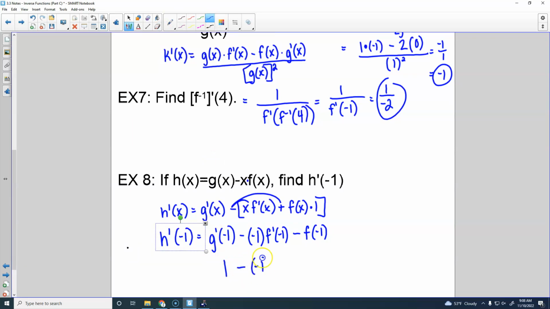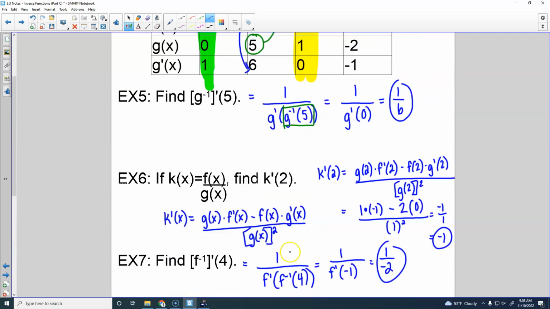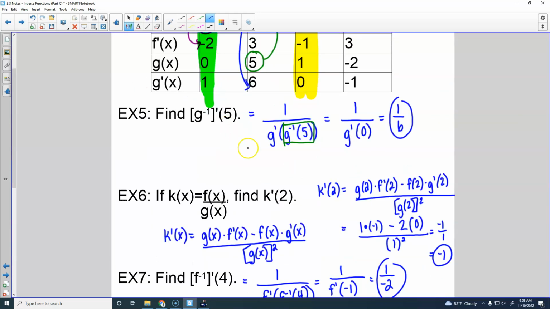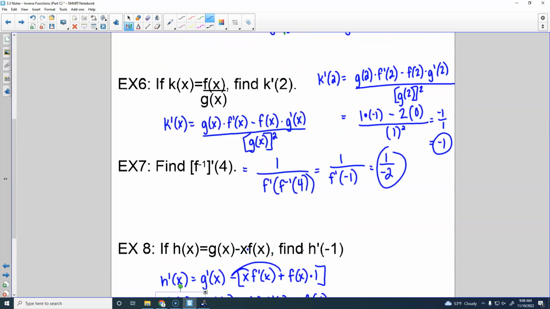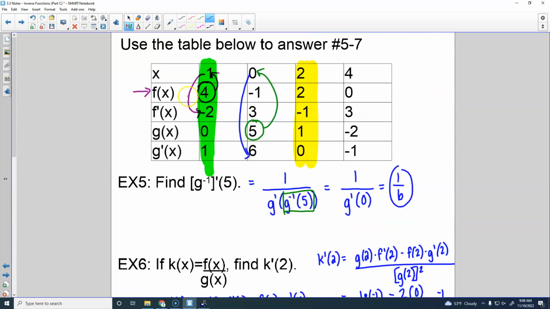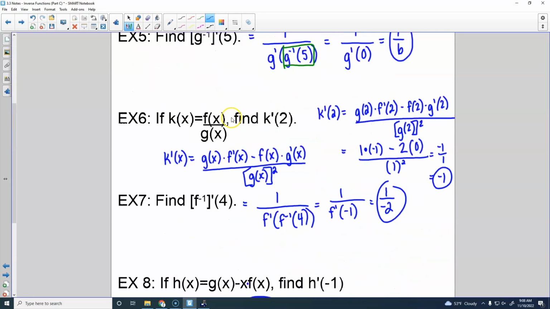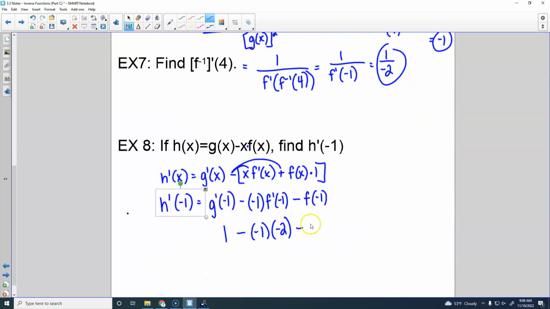Minus negative 1 times f prime of negative 1 is negative 2. And then minus f of negative 1, f of negative 1 is 4. So 1 minus 2 minus 4 is going to give us negative 5.